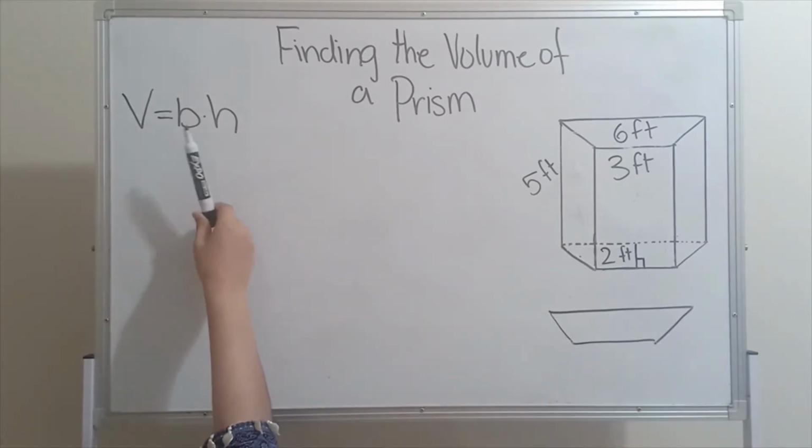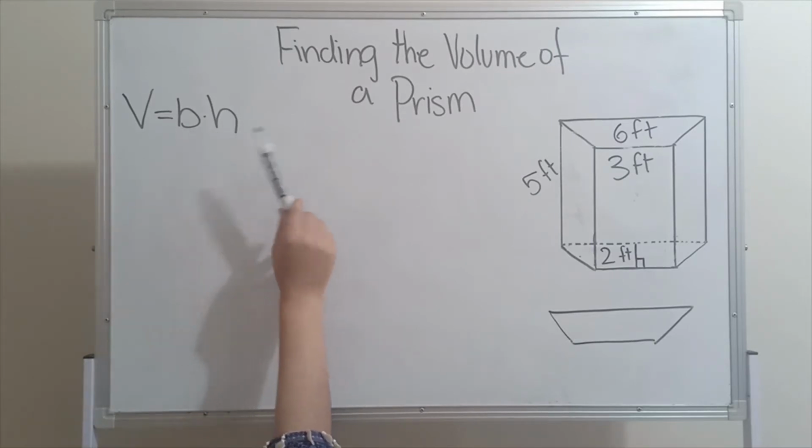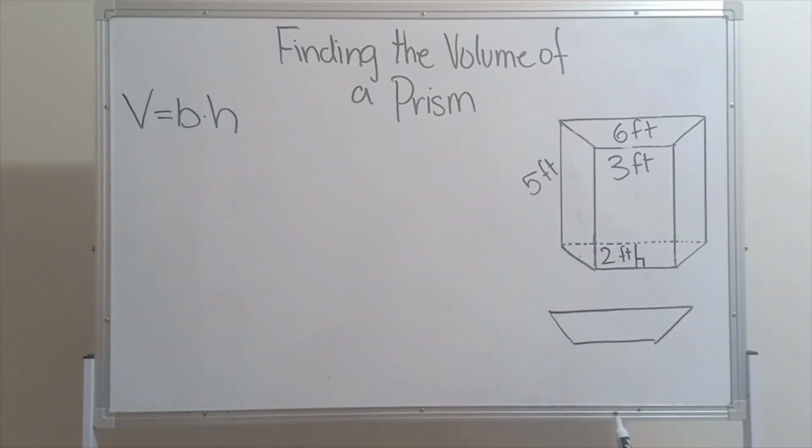Now to find the area of the base, because that's the first step we need to take, according to the formula we need to find the base first and then we can multiply it by height. So to find the base we will have to know the area formula for a trapezoid, because what we find for the base is the area of the base. So area of the base times height, that is the volume.